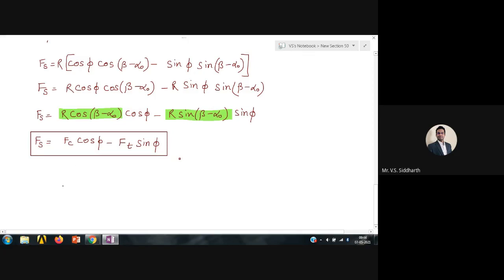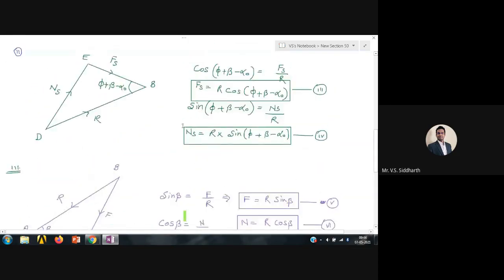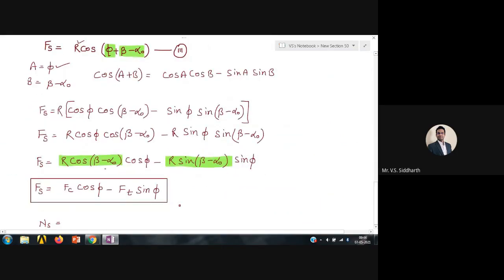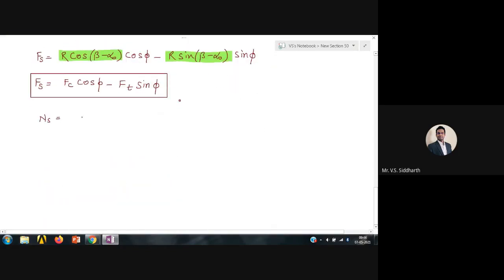Similarly, I will take Ns. Ns was how much? Ns is R sin(phi plus beta minus alpha naught). Okay.